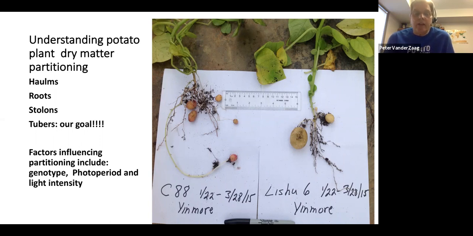This variety is actually Cooperation 88 from China. You see how it's developing differently with longer stolons, and in fact, one very long stolon. So you can tell right away that this one is partitioning more slowly to the tubers, and that the signal for tuber production was much weaker, which is why the stolons are so long. This is fundamental because we want to grow potatoes as tubers to eat, and that's our goal.